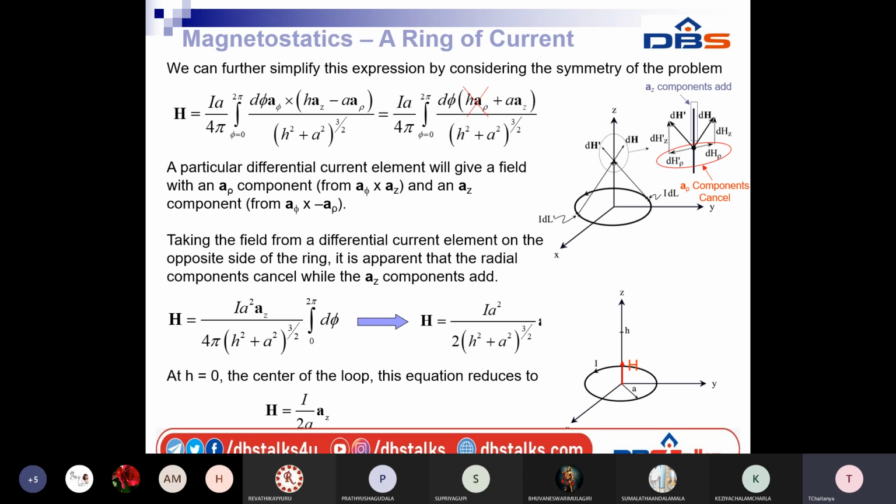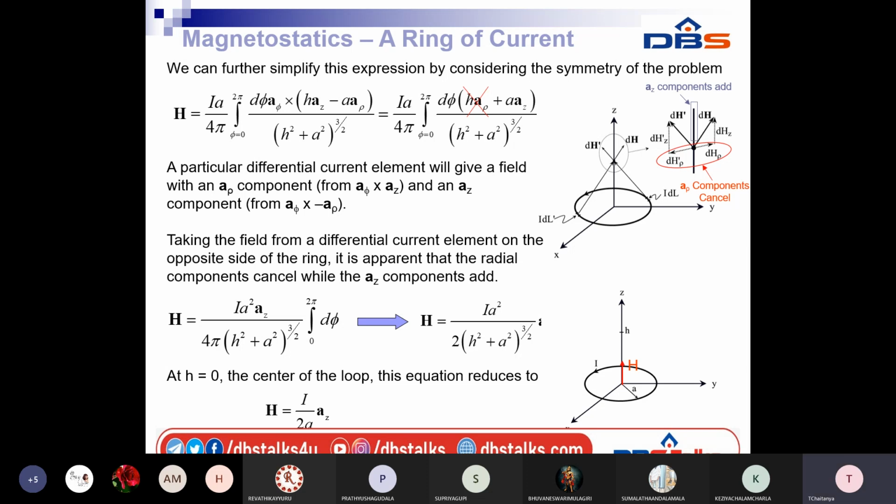Finally, after simplifying this integral, we get H equal to I by 2a into az.